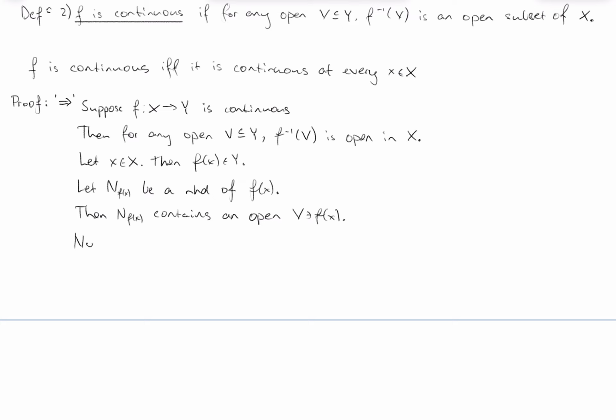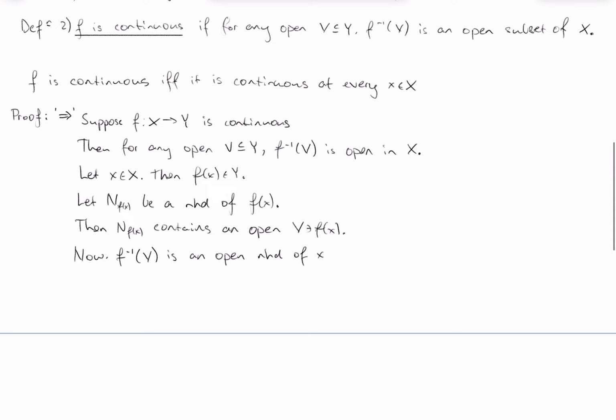So now we're going to take the inverse image of the open set V. It is an open neighborhood of x. Why is it an open neighborhood of x? Because of our assumption that f is continuous. We're taking the pre-image, or the inverse image, and it's going to be open in the domain.